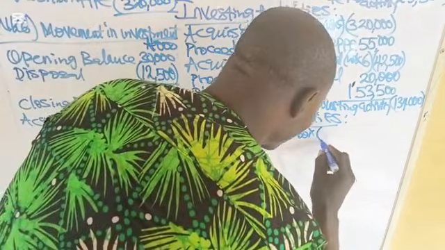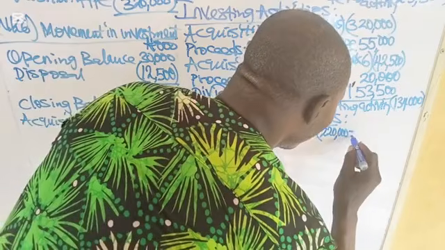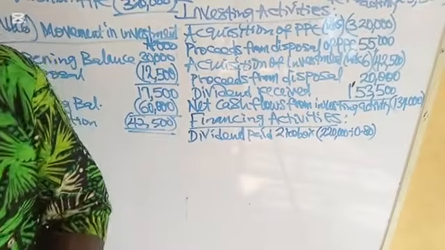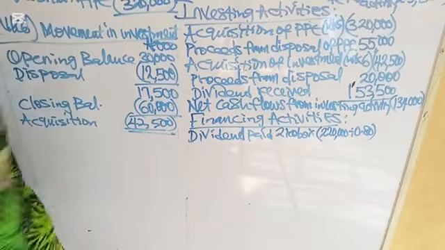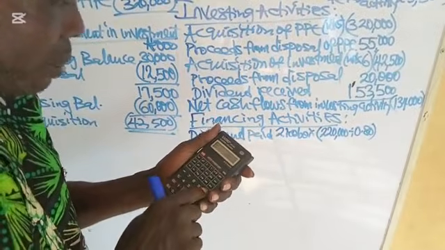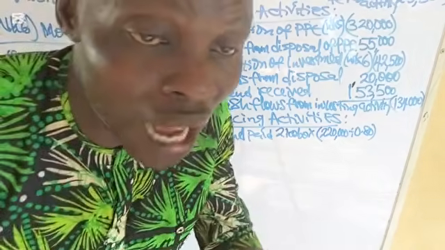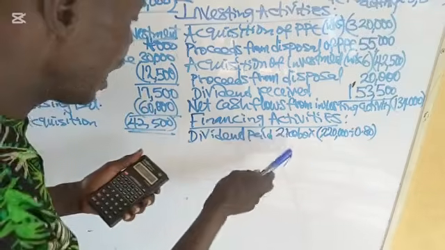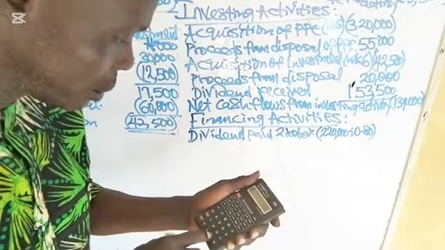The number of shares is what? 220,000 divided by 80 kobo. That will give you the number of shares in issue. 220,000 divided by 0.8, you have 275,000 shares were issued. Dividend paid is 2 kobo times 275,000.